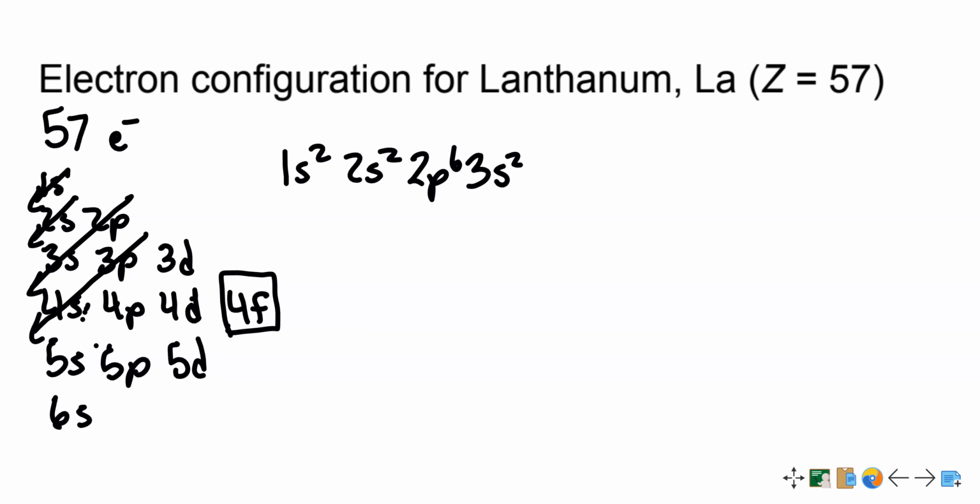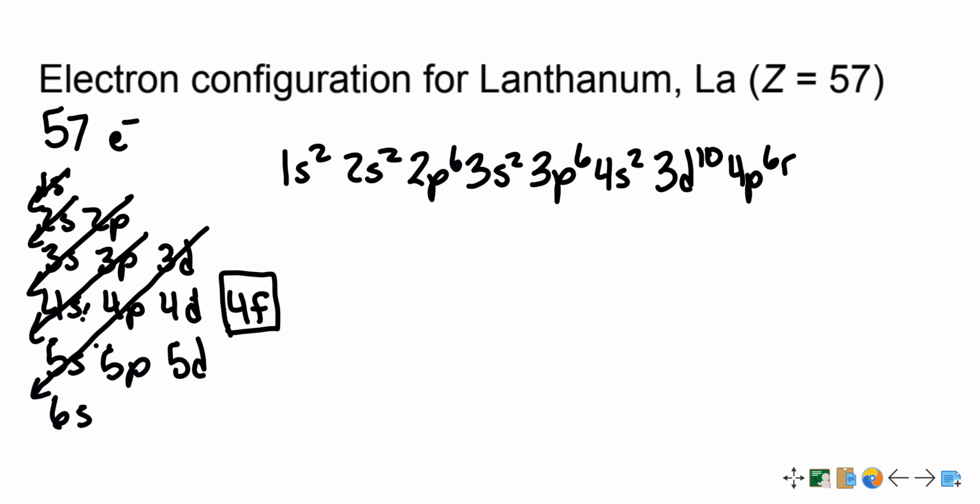We know 3p and 4s are going to be full. Oh, 4s, duh. 3d: we need to remember that d can hold 10. 3d10, 4p6, 5s2, 4d10, 5p6.